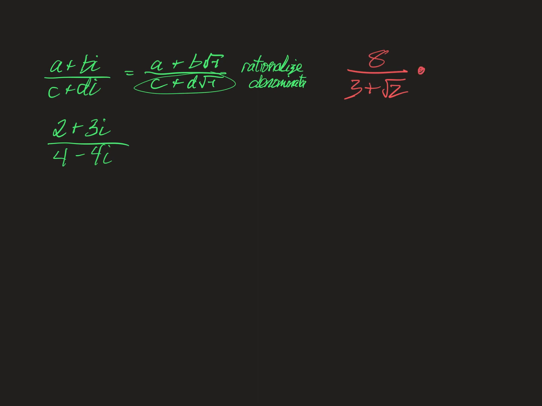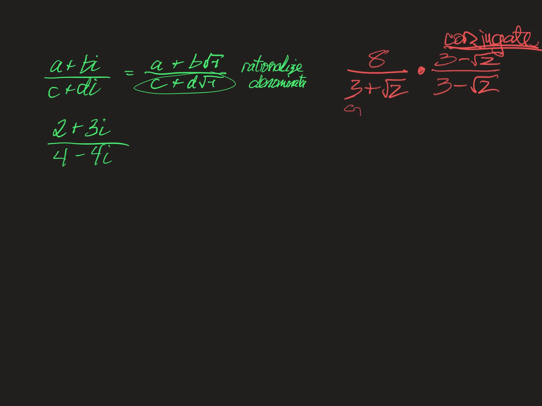We would multiply by, if you'll remember, the word was the conjugate. It's basically the other part of the difference of squares. Because if you have a difference of squares, then both terms are squared. So we would multiply by 3 minus square root of 2 over 3 minus square root of 2.